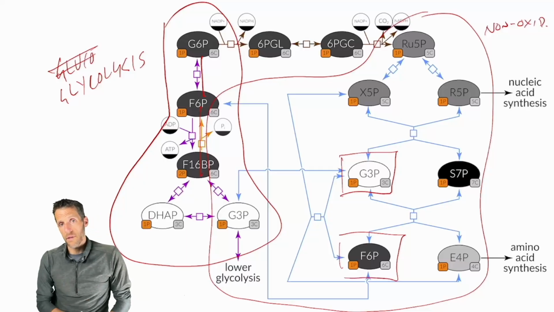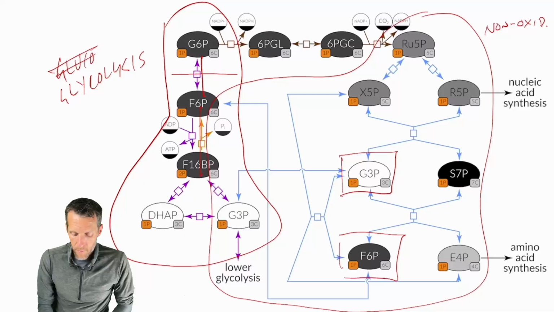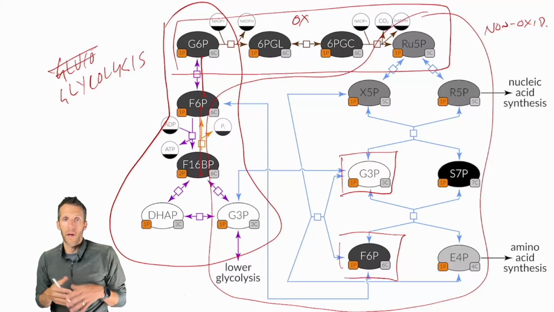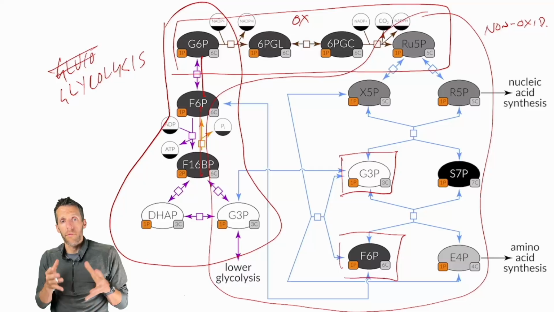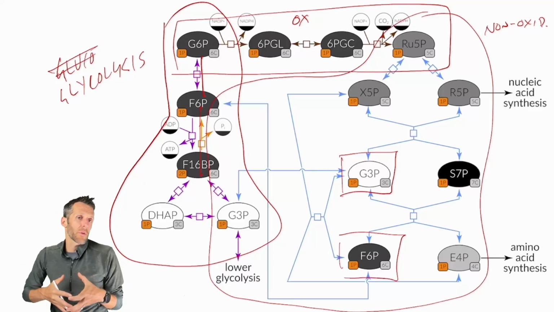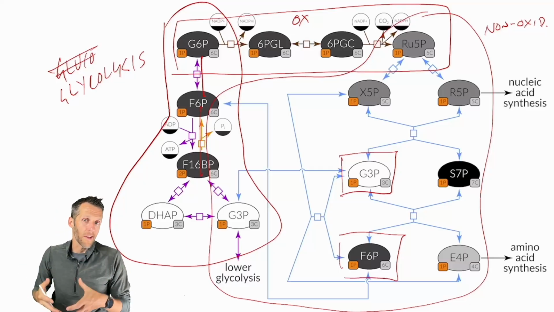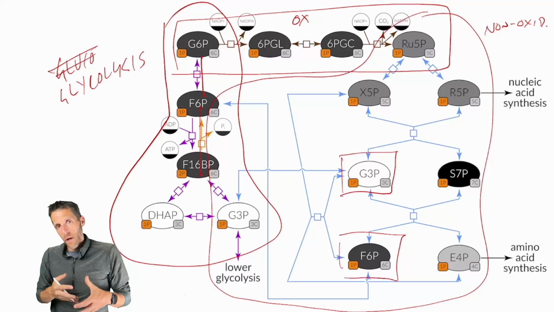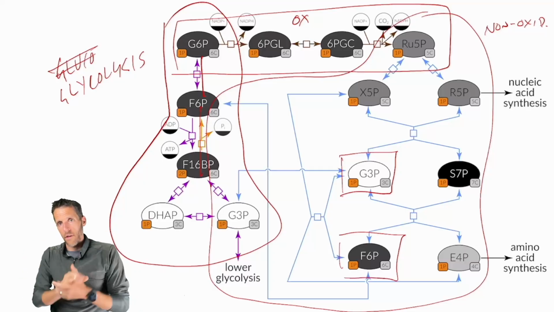And that's going to be the focus of today's video. And then this thing up here is what's known as the oxidative part. And we're going to follow that up with a second video later. So it's this intimate connection between this pentose phosphate network and glycolysis in this other non-oxidative pathway.